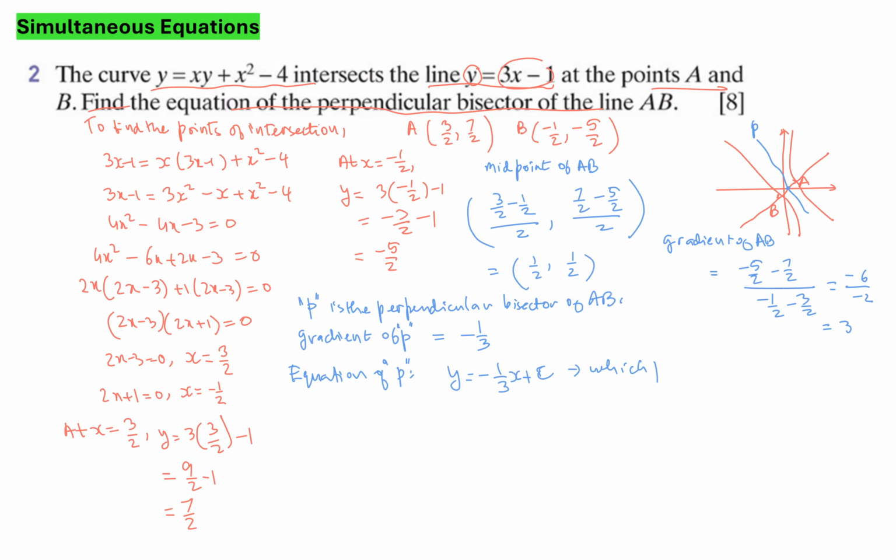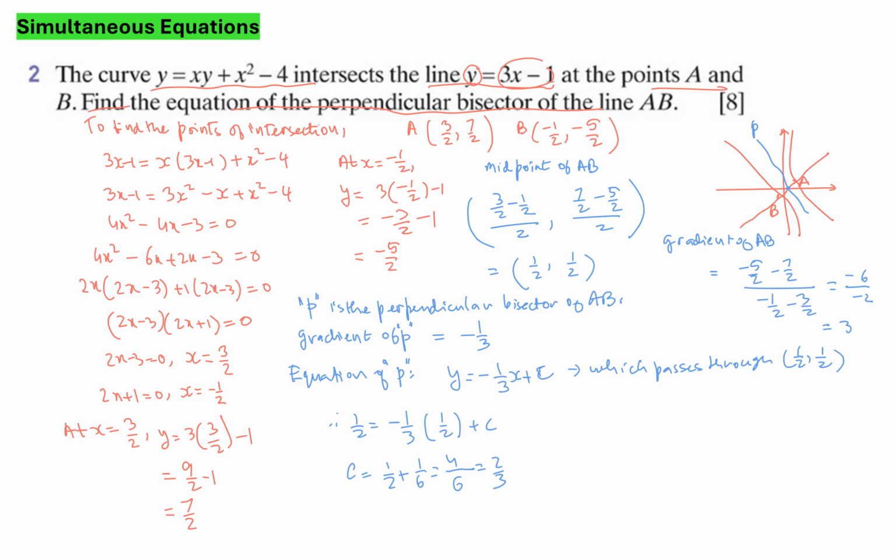So we can write half equals minus 1 over 3 times half plus c. So c equals half plus 1 over 6, that is 4 over 6, that is 2 over 3.